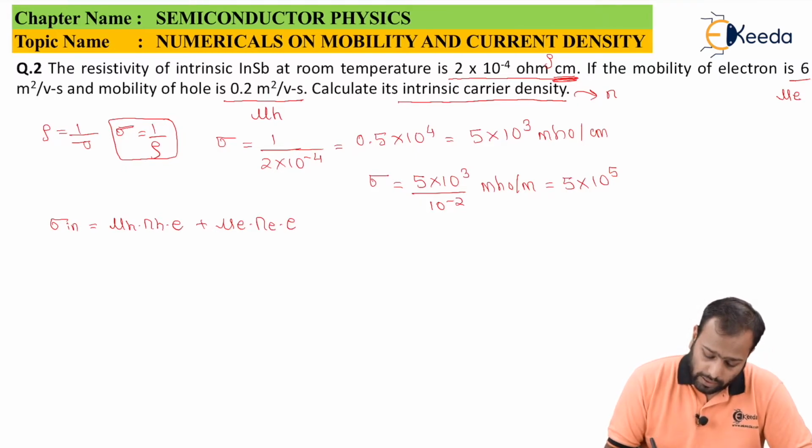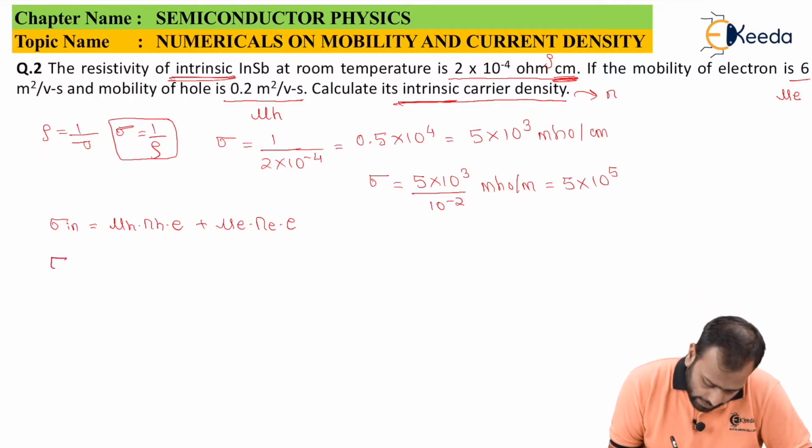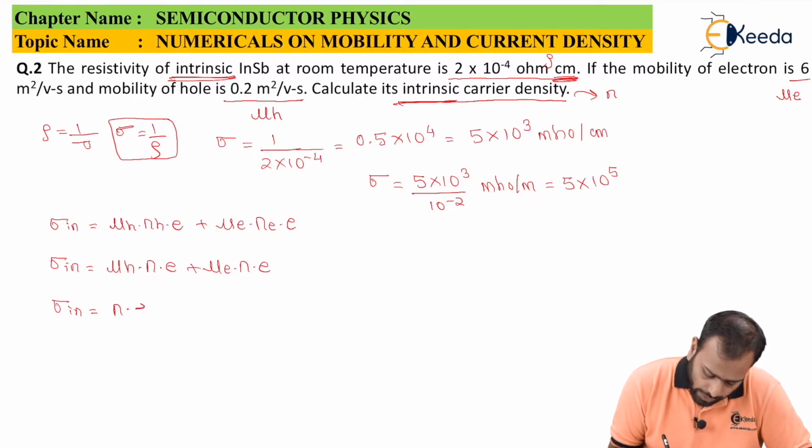Now, since this is talking about the pure intrinsic semiconductor, the number of holes and the number of electrons are equal. So sigma i is nothing but mu h into n into e plus mu e into n into e, or sigma i is nothing but n into e times mu e plus mu h.